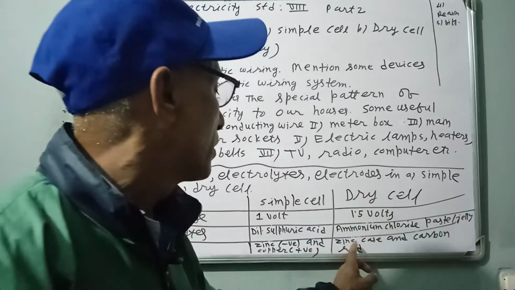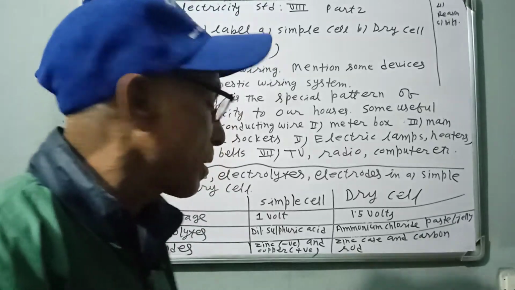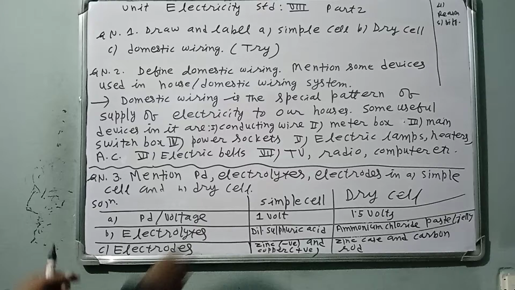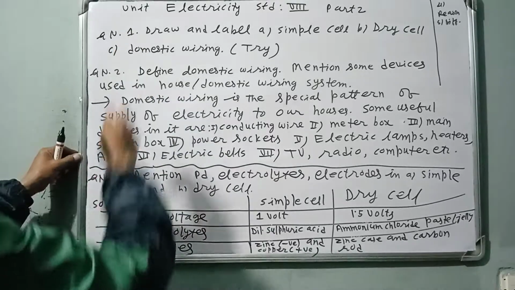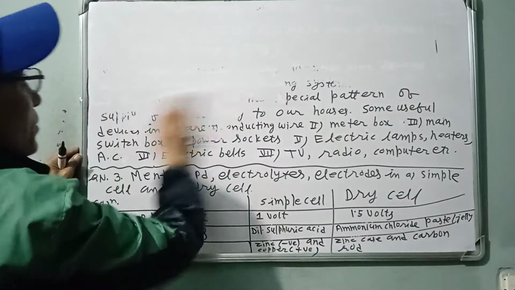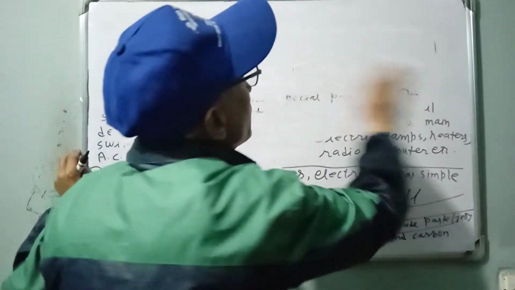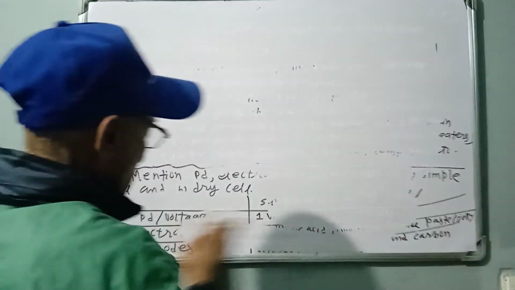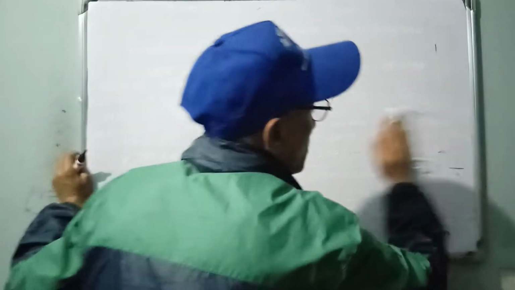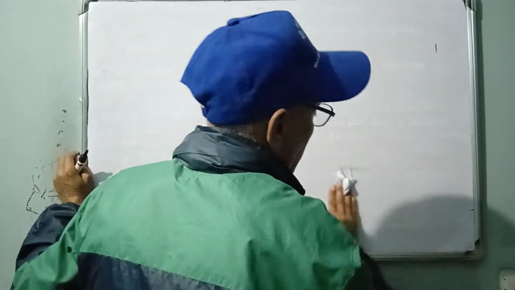In a dry cell, zinc case negative and carbon rod positive. These things are very useful in a cell. Questions number 1, 2, 3. Now, some other things are also there.